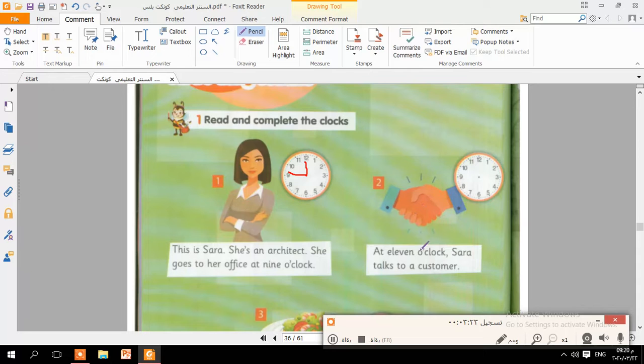Number 2. At 11 o'clock, Sarah talks to a customer. So we will draw an arrow at 11 and the big arrow is at 12. 11 o'clock.